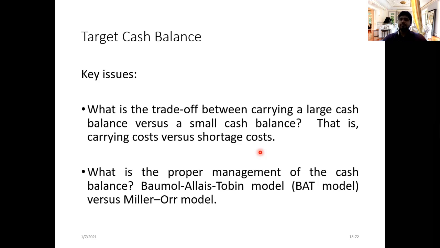Is keeping more money in our hand good or bad? Keeping more cash means we are maintaining high liquidity, more than enough. Is it good for a company?